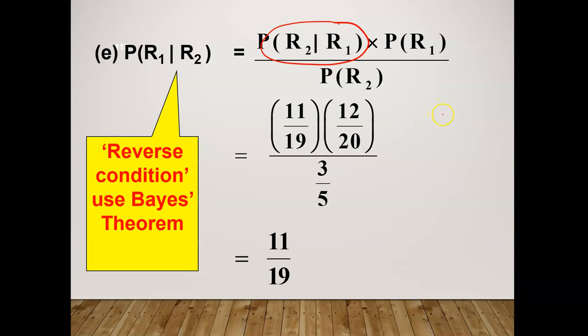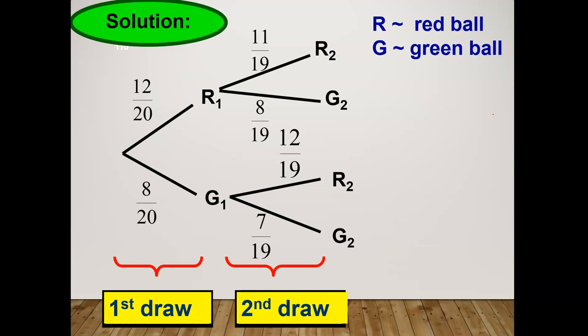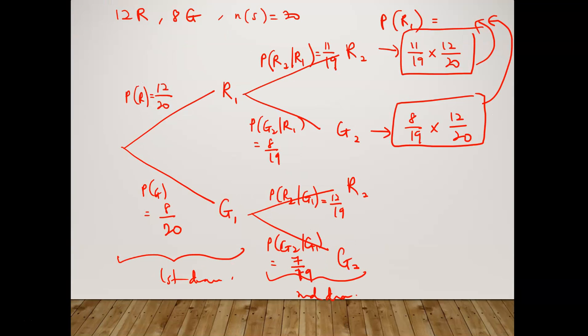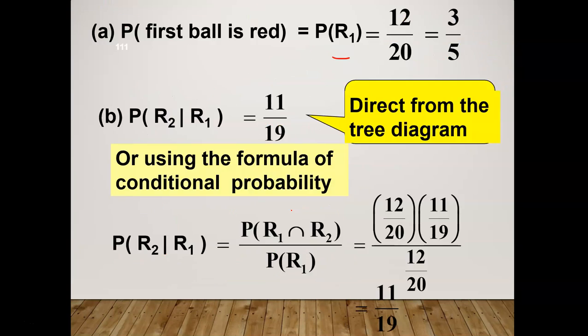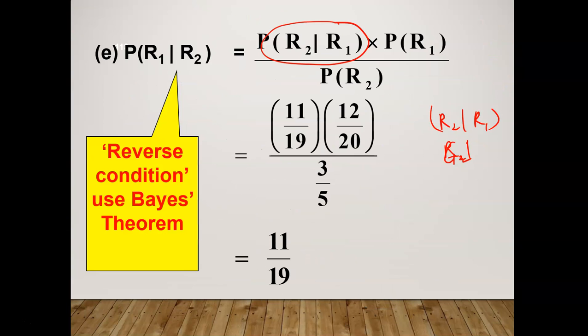Tadi dekat in our tree diagram, we only have R2 given R1, R2 given G1, G2 given R1 tadi, mana tadi? This one. R2, R1, R2, G1. G2, R1. The first one is always 2, kan? But the last question just now, we want to find the reverse way.